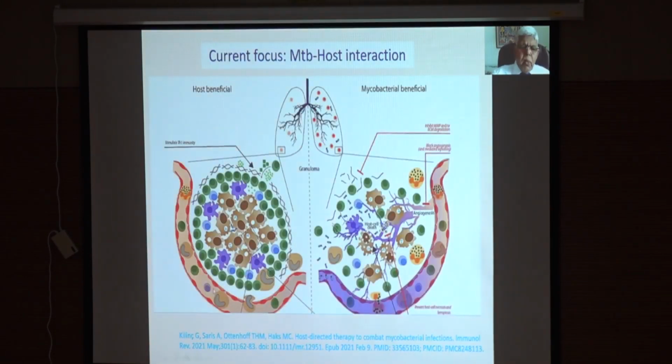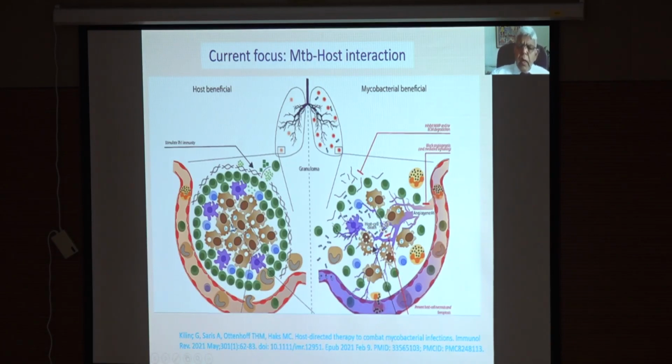I'm sure you're familiar with this TB granuloma, you've read it in MBBS, and it contains epithelioid cells with central caseation necrosis. These epithelioid cells and multinucleated giant cells are surrounded by a ring of TB-specific CD4 T cells, or T lymphocytes.